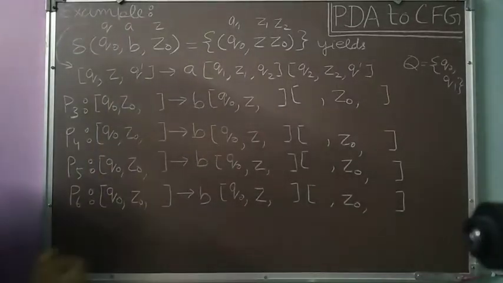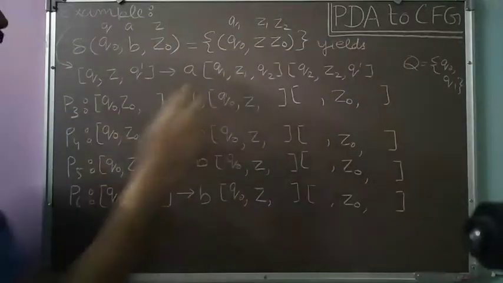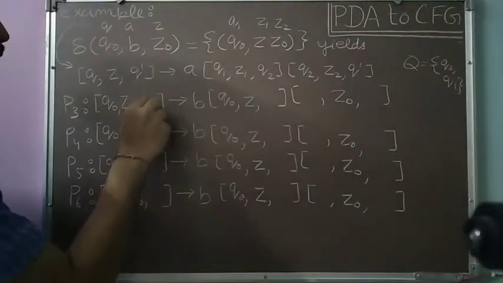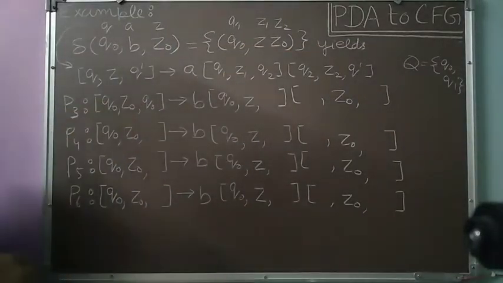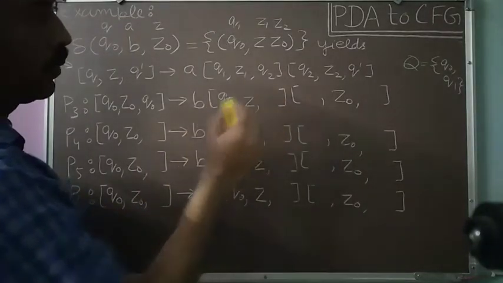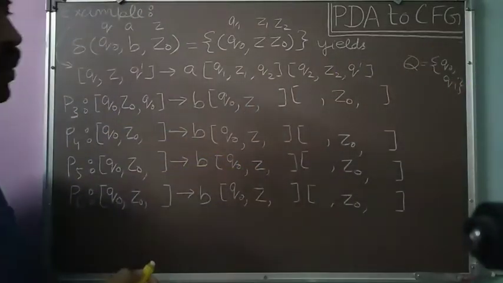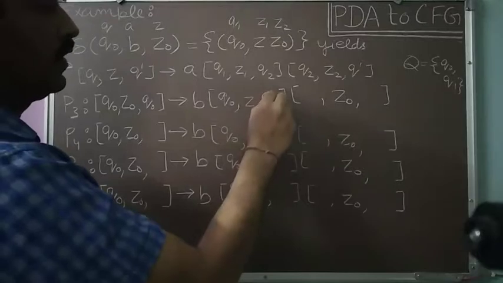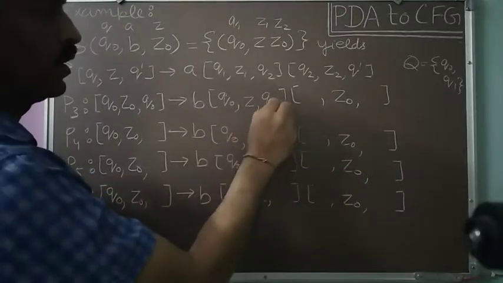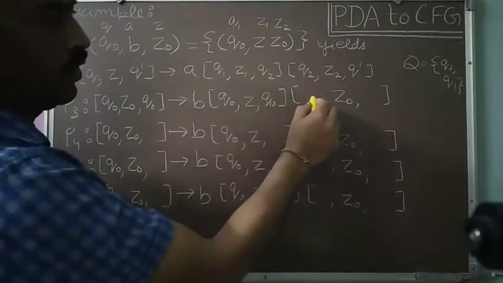Now I have to first fill the values of Q dash. The values of Q dash are Q0 and Q1. So first I put the value of Q dash as Q0. Then corresponding to it, I have to put the value of Q2. The value of Q2 may again be either Q0 or Q1. This time I take the value Q0. Because Q2 has come here, the value of it is Q0, so the same value will come here.